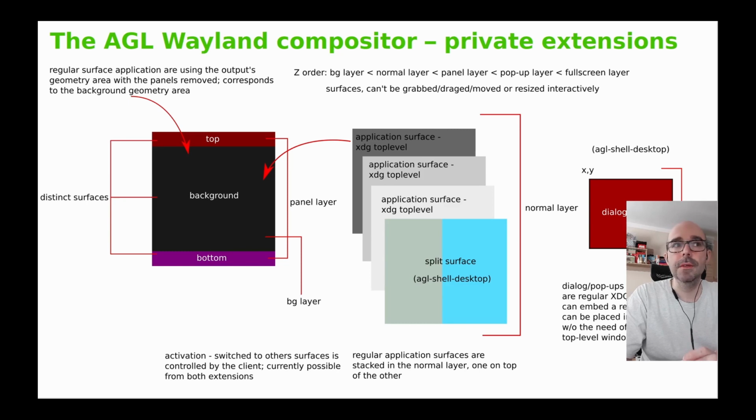Regular applications would be stacked on top of each other. And using the private extension, you basically let the compositor know that you would like to display one of these surfaces. On the right, you'll see the other private extension, the AGL Shell Desktop one, with different application roles like split, pop-up and dialog.